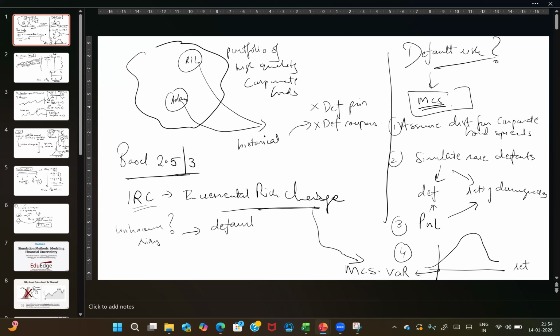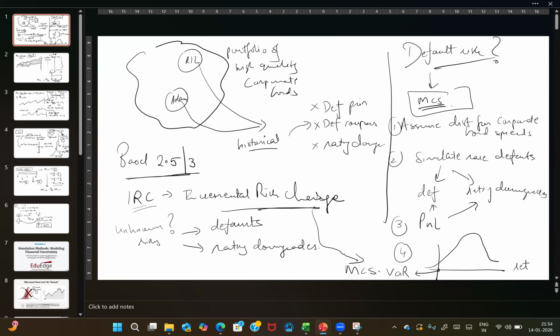Like defaults and rating downgrades. Usually, a lot of times for high quality companies or bonds of high quality companies, there is no historical precedent of seeing defaults or seeing rating downgrades.